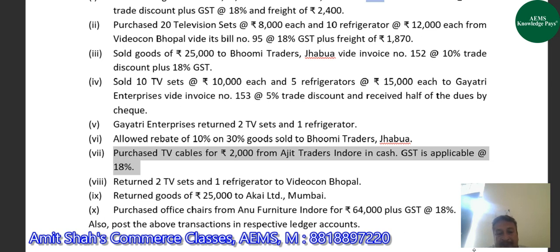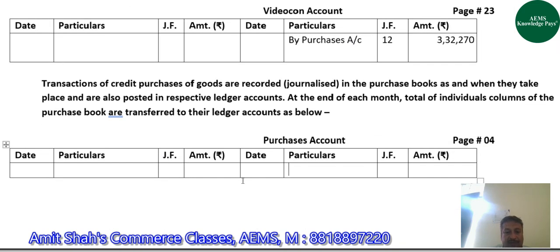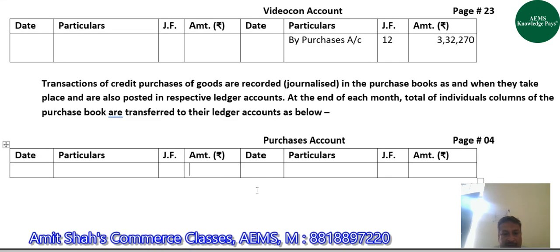So he has purchased TV cables for rupees 2000 from Ajit Traders Indore in cash, where GST is applicable at the rate of 18%. Right, guys? So for that transaction, okay, the date is not given. So here he will write "To cash account" and "purchase account" with 2000, because purchase is of only rupees 2000.